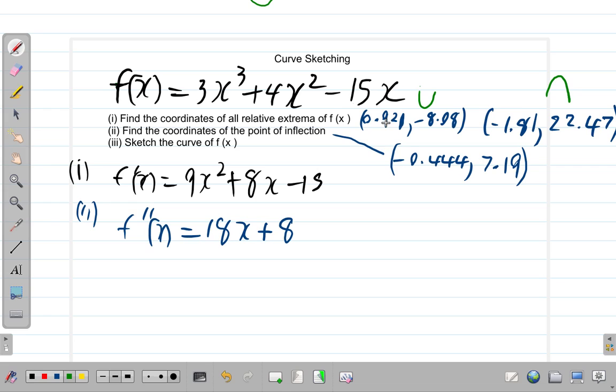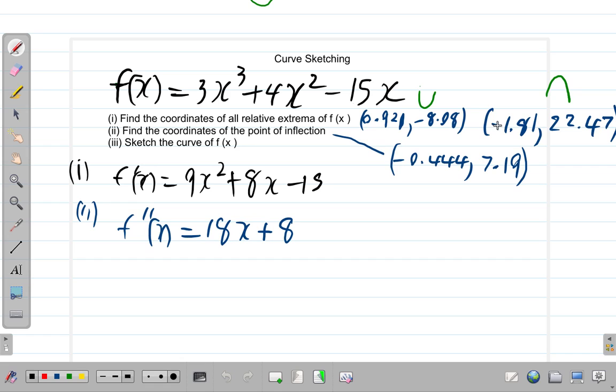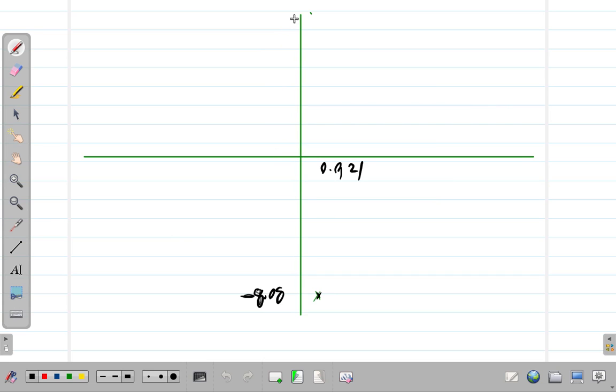Here now, we have turning points at 0.921, negative 8.08, somewhere here. So this is negative 8. Let me make the line thicker. Negative 8.08, 0.921. Alright, we have a turning point here. And negative 1.822.